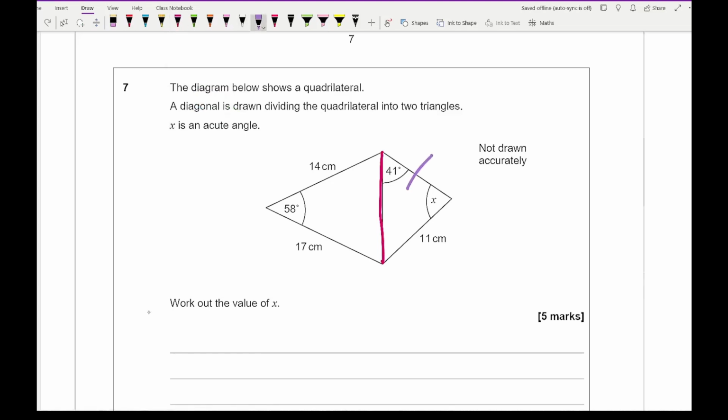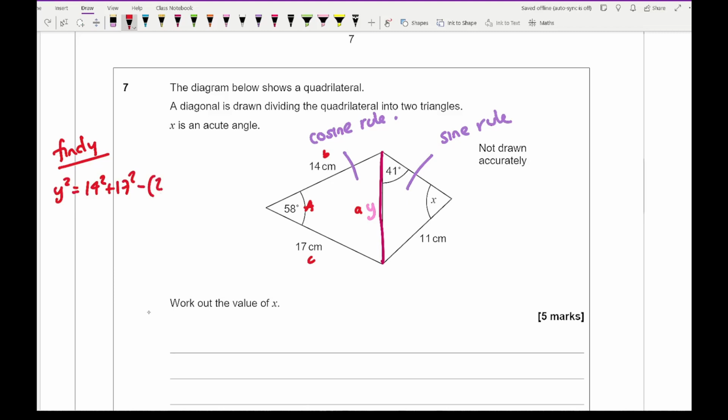So this triangle here is going to involve the sine rule, and this triangle here is going to be using the cosine rule. So first things first, I need to work out what this length here is going to be, which I'm just going to call y. To find y, I'm going to use the cosine rule. So here I've got A, B and C. So I've got y squared equals 14 squared plus 17 squared minus 2 times 14 times 17 multiplied by cos 58.